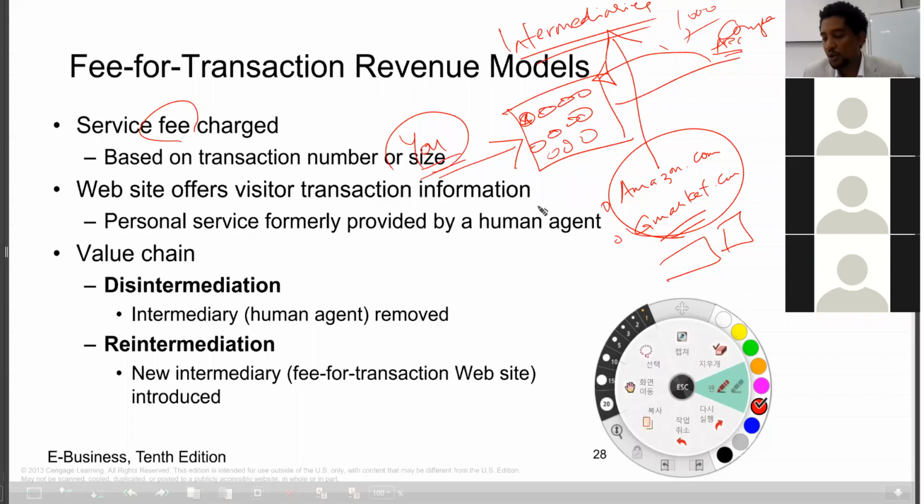Okay, whoever is hosting that product. Okay, so these businesses are called intermediaries. And in the value chain, there was disintermediation and intermediation. So let me talk about this.